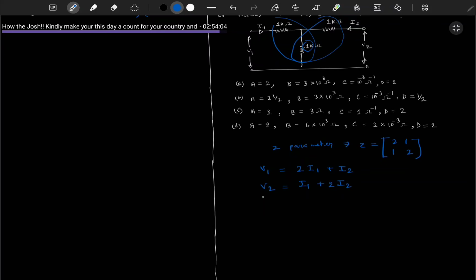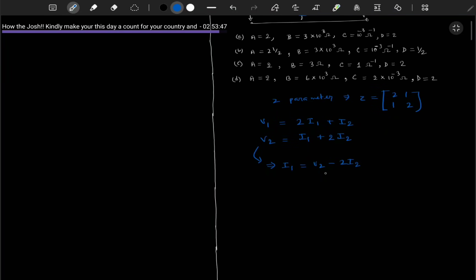Now from here we can substitute like this. We need to first find out I1 with respect to V2 and I2, because in the ABCD parameters only V2 and I2 are on the right side.